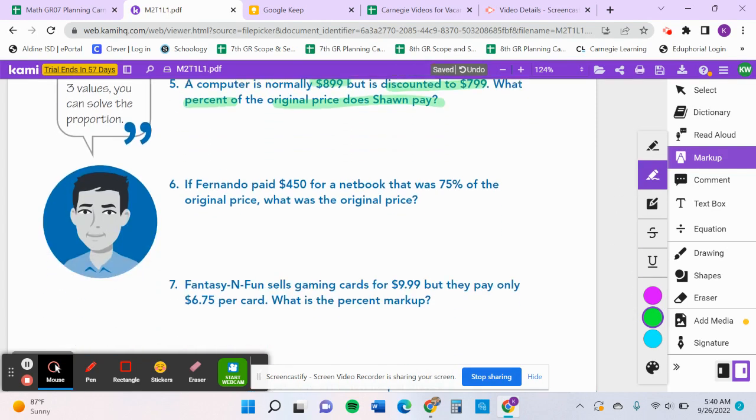Number 6, if Fernando paid $450 for a notebook that was 75% of the original price, so he paid $450 for this netbook, but it was 75% of the original price, and you want to know what the original price is.